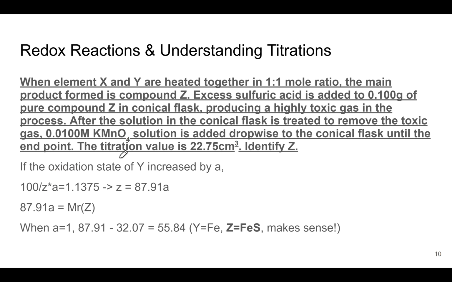So that's the total number of electrons transferred to the permanganate. And because all these electrons must have come from Y, we can set up this equation. In solving it, we get that Y equals 87.91A.